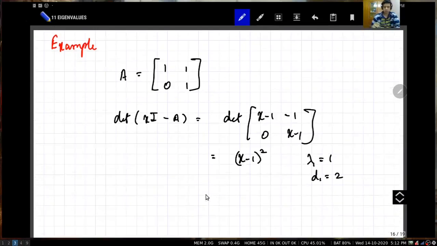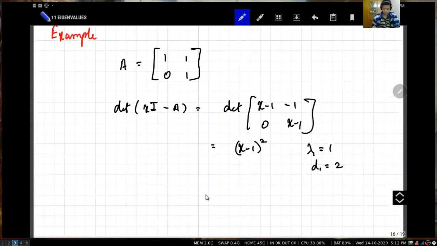So this matrix would be diagonalizable if the geometric multiplicity is also equal to 2. So the dimension of the null space of A minus lambda 1 times I should be equal to 2. So let's look at A minus I, which is 0 1 0 0, right?